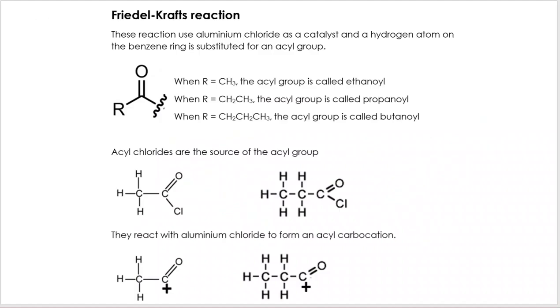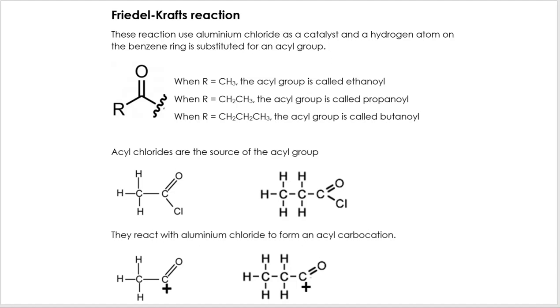We're going to finish off by taking a look at Friedel-Crafts reactions. This is another mechanism. Same mechanism again, but with different electrophiles. And we have got here ethanoyl, propanoyl, and butanoyl chlorides. And again, you learn about those within the carbonyl topic.